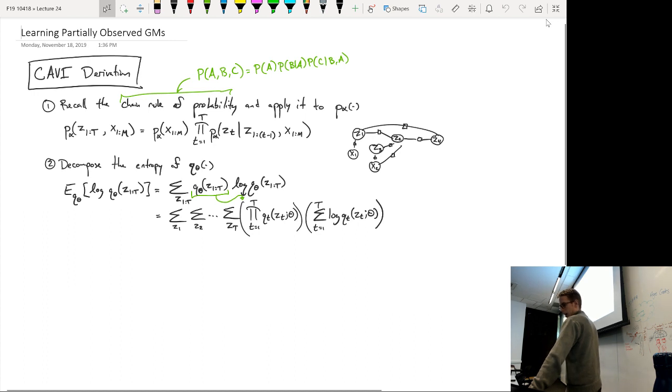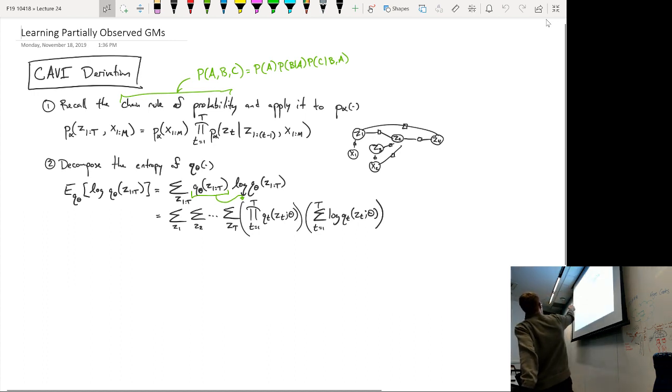And so then the last detail is we can actually do some tricky rearranging here, but it's not that tricky, or it shouldn't feel that tricky, because you've done lots of similar things with variable elimination.